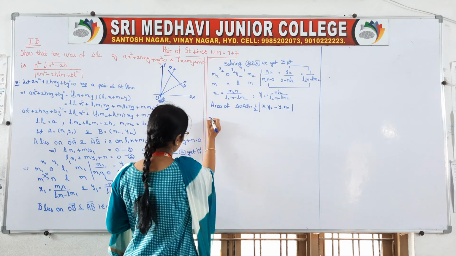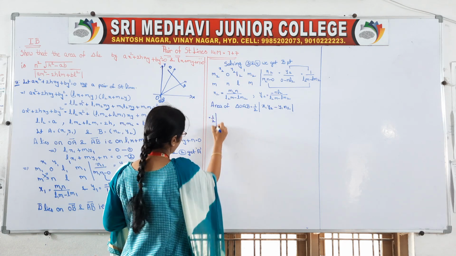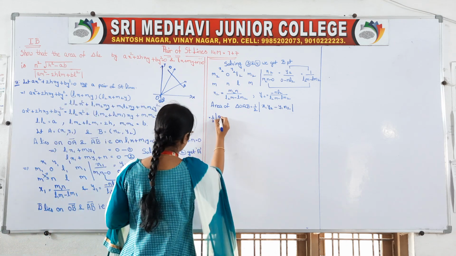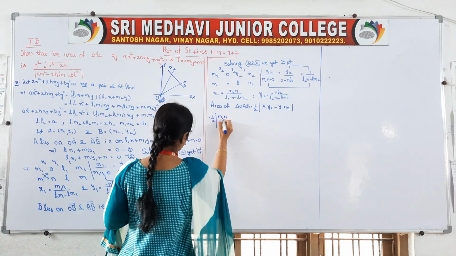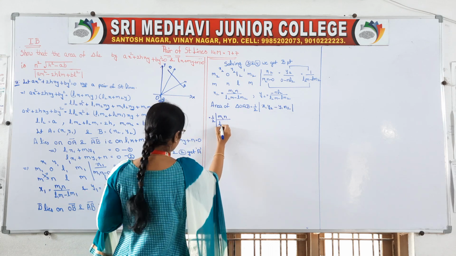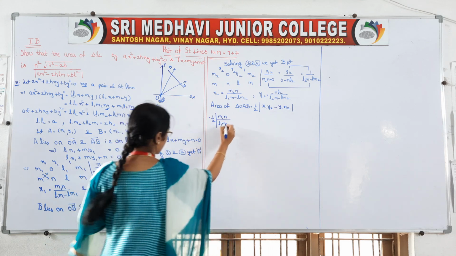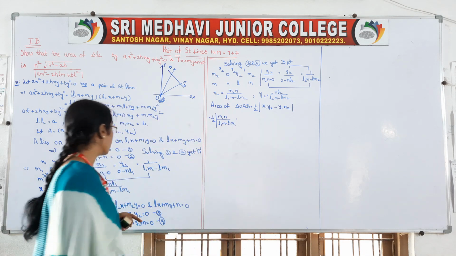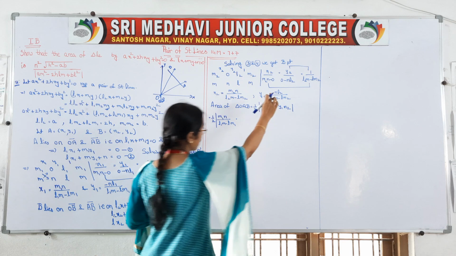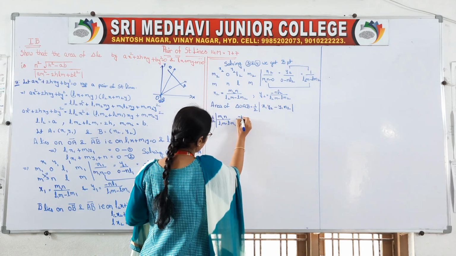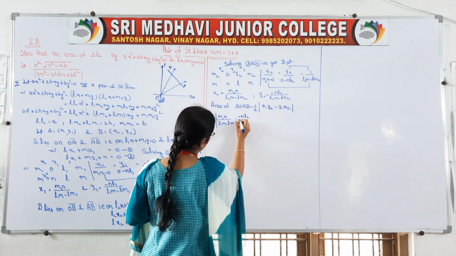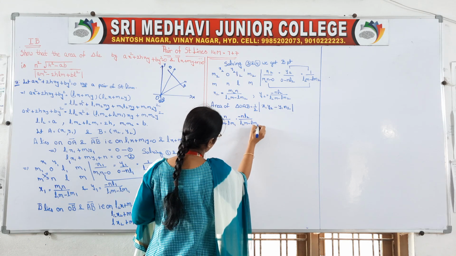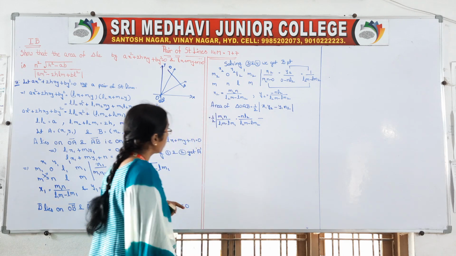So is equal to half into x1. What is your x1? You got the value as m1n by L1m minus Lm1. Okay, into y2. What is your y2 value? Here you are having, it is negative, right? Negative value nL2 by L2m minus Lm2 minus y1.